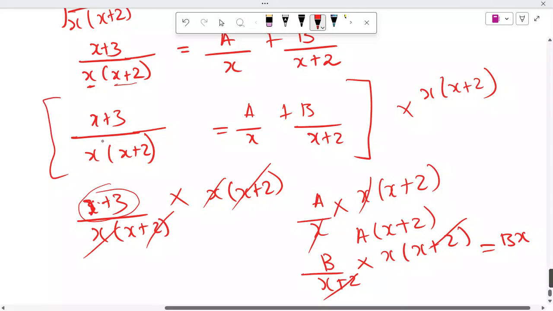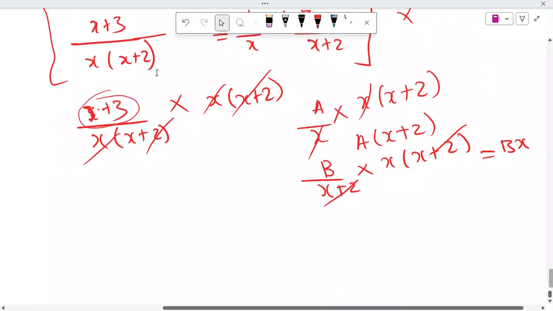So I hope you have understood how we are multiplying. This is multiplied by this. This is multiplied by this. This is also multiplied by this. So meaning on your left, it will be just x plus 3, equal to A times (x plus 2), plus B, which will be just Bx.